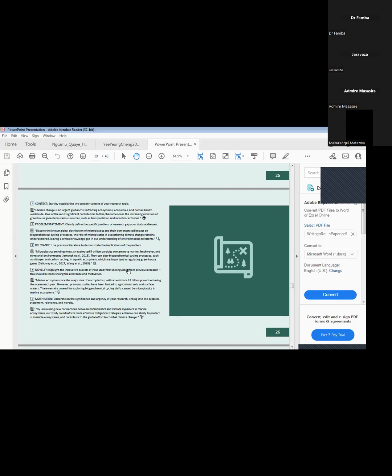But what we should all agree on is that after we have read the various introductions of good papers, these components will always be there. Whether your background is business, social sciences, natural sciences, any other area, these components are very important. They must be clearly captured in your introduction.